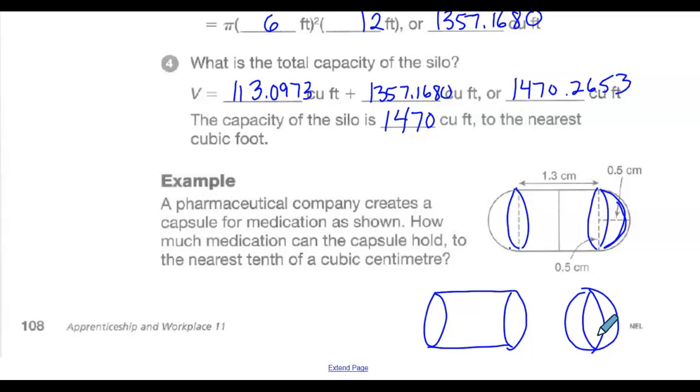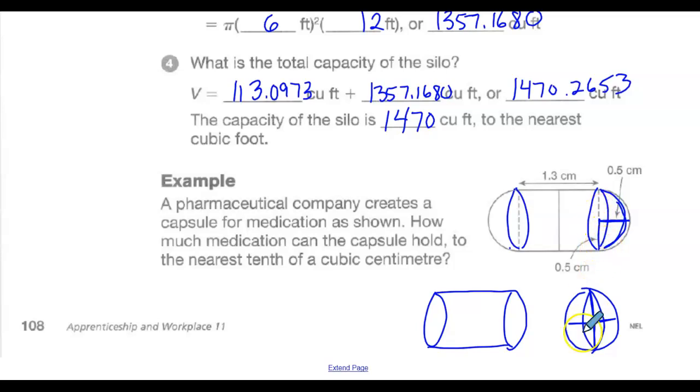For the cylinder, it's pi r squared times the height. Now you want to be careful here. This is just pointing at this part of it, 0.5. And remember that in a sphere, the radius is the same all the way around. So this is the radius of that hemisphere, 0.5. So this is 0.5 as well.